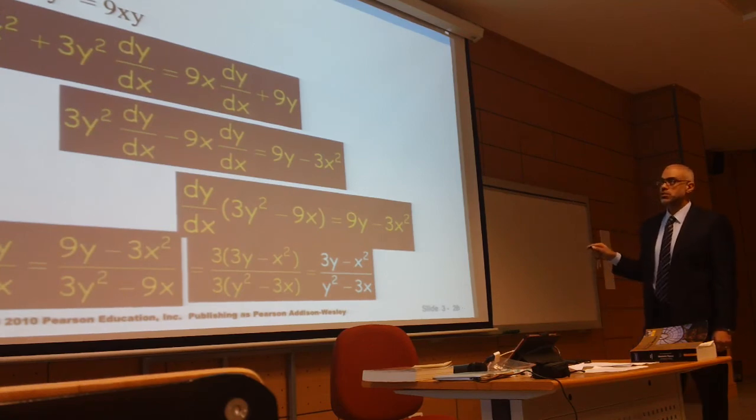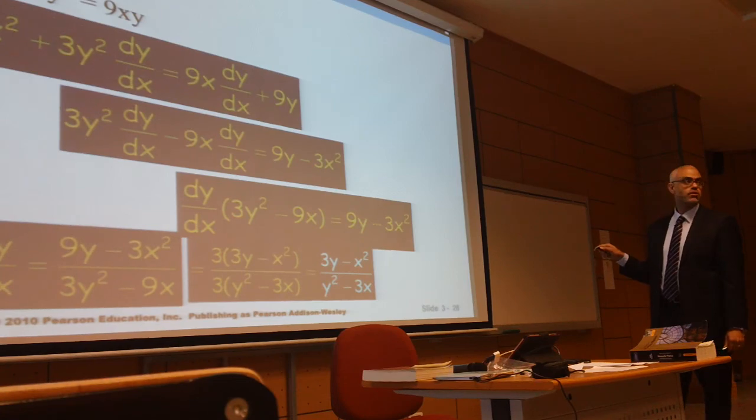This is two functions multiplied together. 9x is a function, y is another function. The first times the differentiation of the second: 9x times dy by dx, plus the second, which is y, times the differentiation of the first, which is 9.